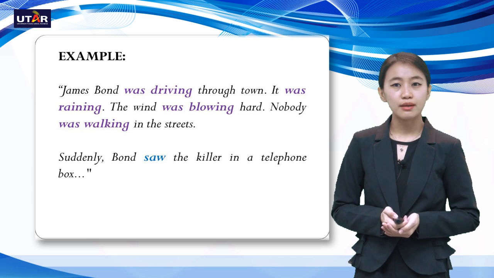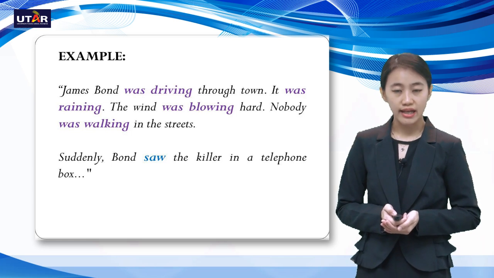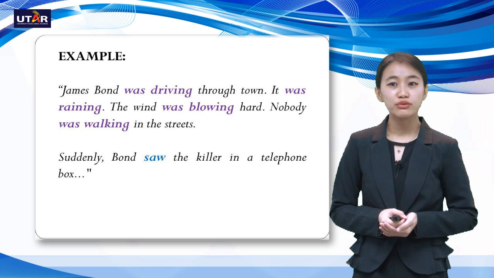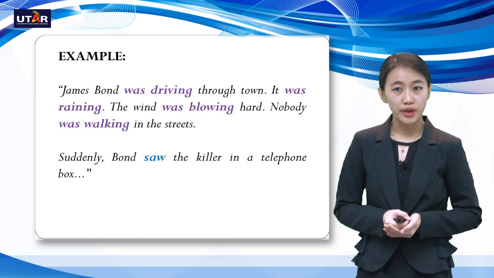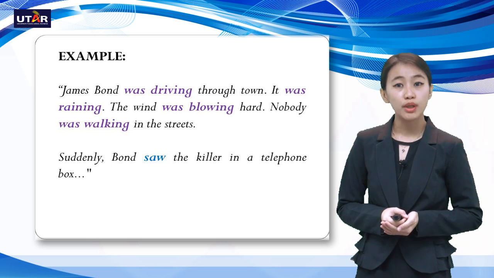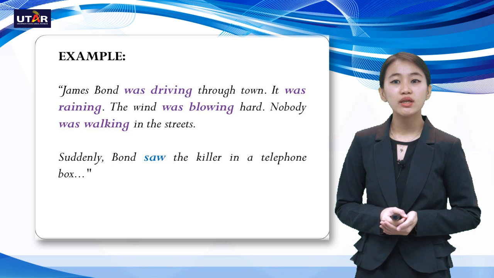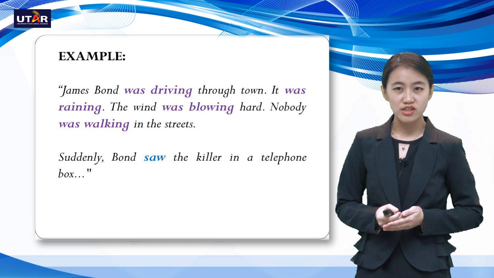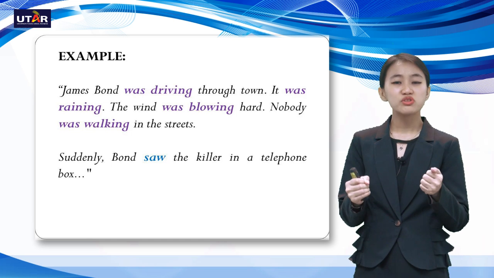So often, the story starts with the past continuous tense and then moves into the simple past tense. Now let's look at the example to understand that explanation. James Bond was driving through town. It was raining. The wind was blowing hard. Nobody was walking in the streets. So now you are able to imagine that James Bond was driving.